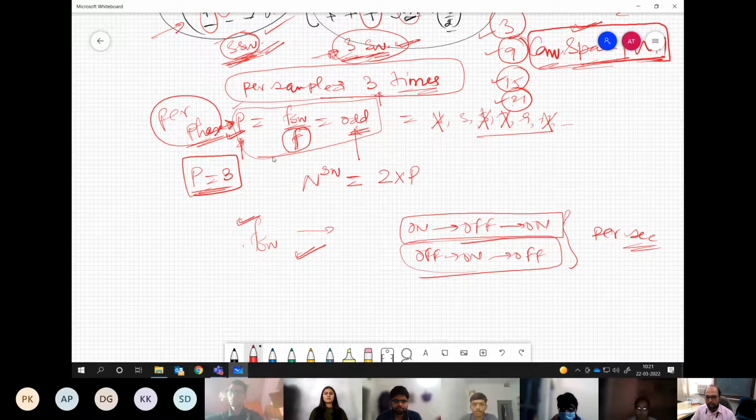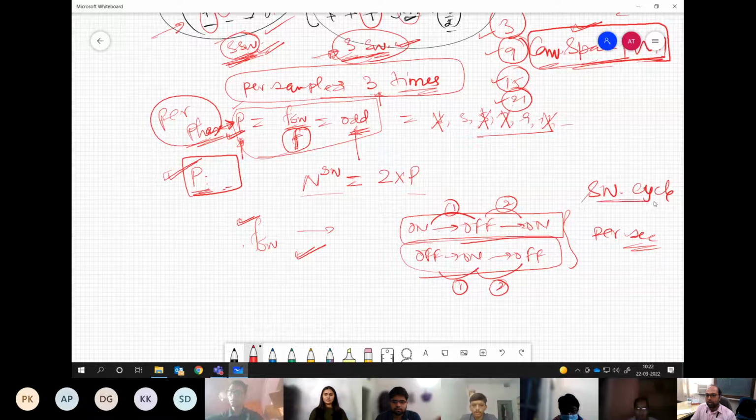Which means if the pulse number is P, let's not go for any number as of now. Let's say the pulse number is P. Then how many switchings are happening per phase? Switching meaning 1, 2. These are 2 switchings per switching cycle. Understand the difference between switching cycle and switchings, right? This is a switching cycle, and there are 2 switchings in each switching cycle.